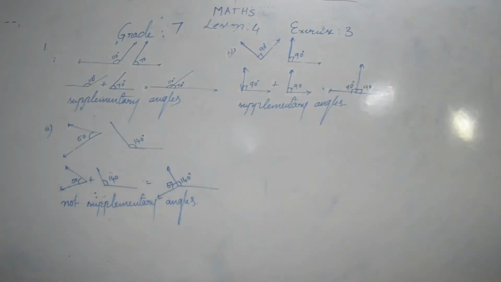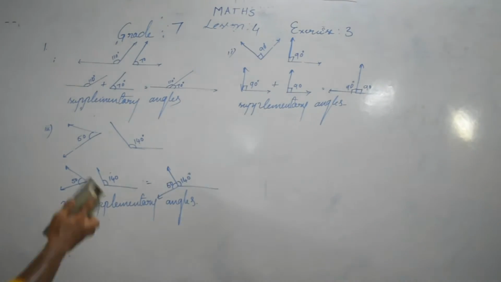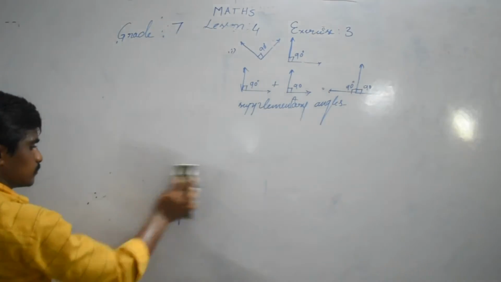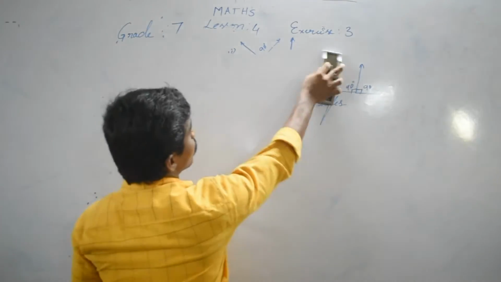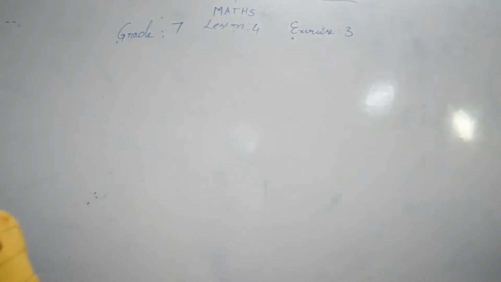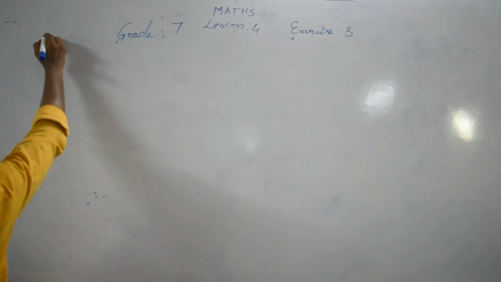Next, find the supplementary angles of the given angles below. Here second problem, first one.